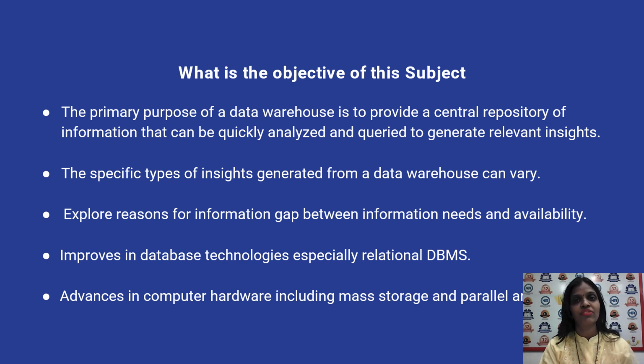But with the help of a data warehouse, which provides the facility of a central repository of information, it stores the data in the data warehouse and the information can be retrieved at a time from all the branches of the company.